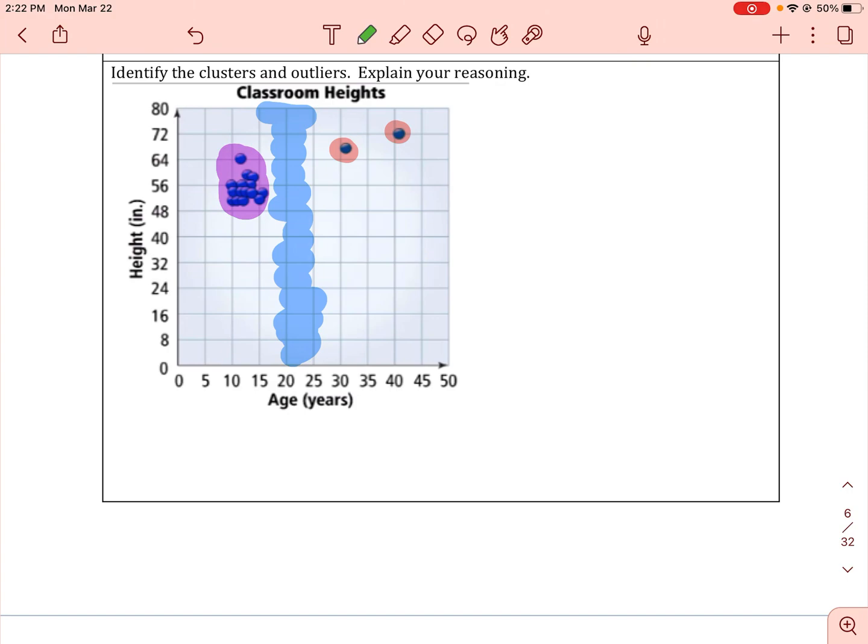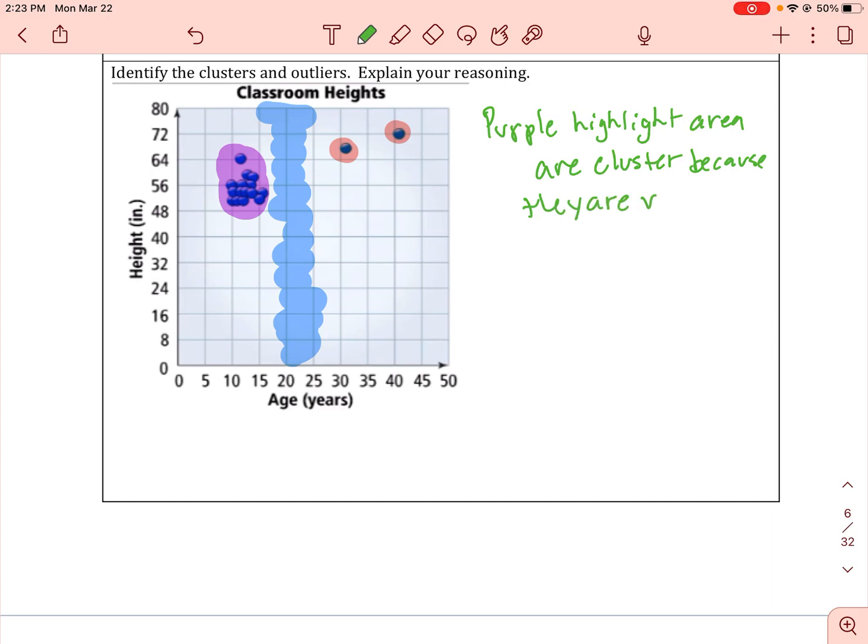So we want to explain. So the purple highlighted area are clusters because they are very close to each other.